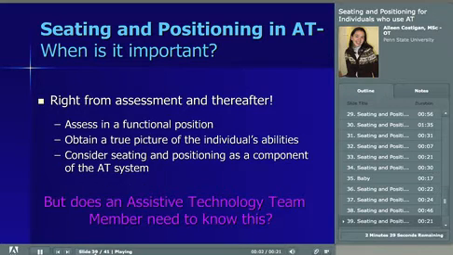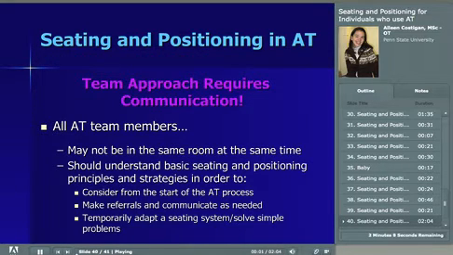Often, seating and positioning is a component of the assistive technology system that is overlooked, potentially because those who are most responsible for the prescription of assistive technology may feel that addressing it would be outside their professional realm. So at this point, you may be thinking, do I need to know this? The answer is yes.